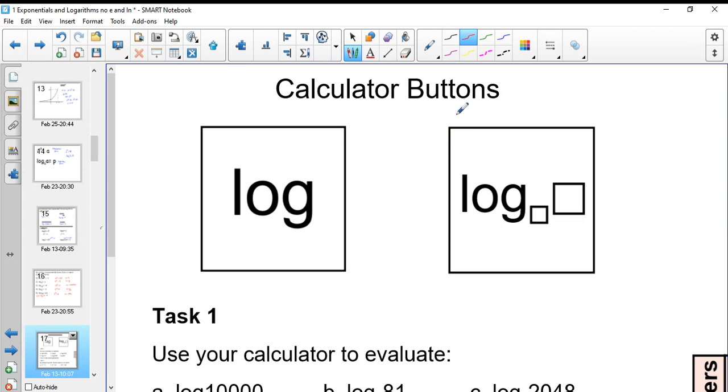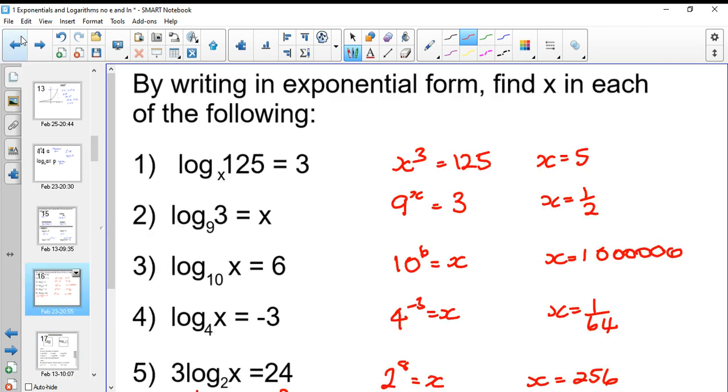Okay, now on your calculator, you have this button. On some older calculators, there's both. Oh, what I should say, this one here, log to base 10 of x, because we use base 10 a lot, all our number system is in base 10, 10, 100, 1,000, etc. Because we use log to base 10 a lot, log to base 10 in textbooks, you will just see without the 10 there.